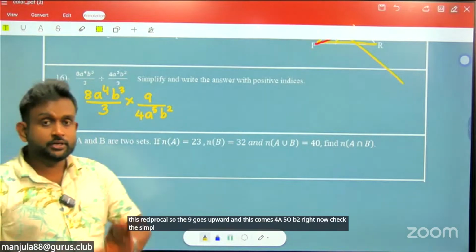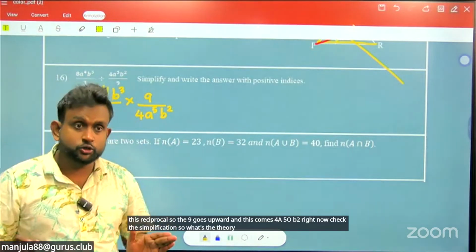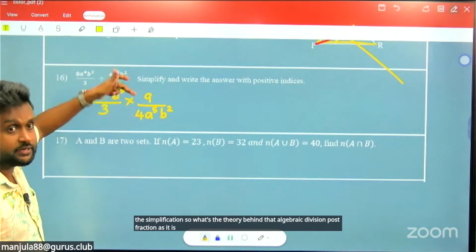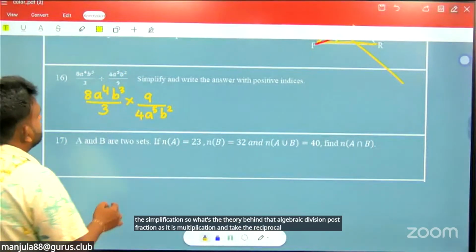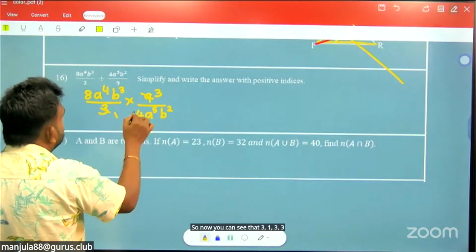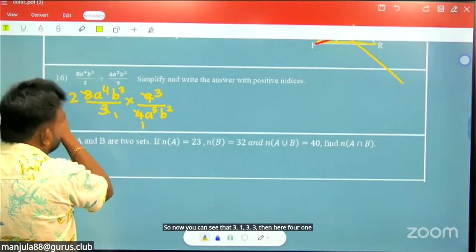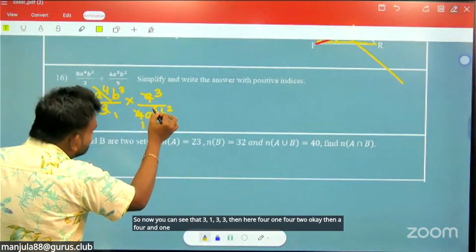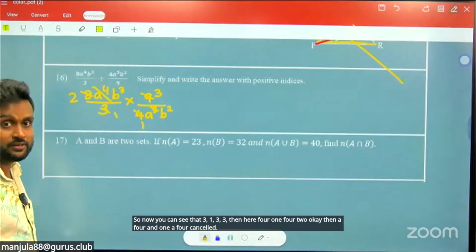So what's the theory behind that algebraic division? First fraction as it is, multiplication and take the reciprocal. So now you can see that 3, 1, 3, 3, then here 4, 1, 4, 2. Okay, then a^4 and 1a^4 cancelled. So just 1a is remaining.